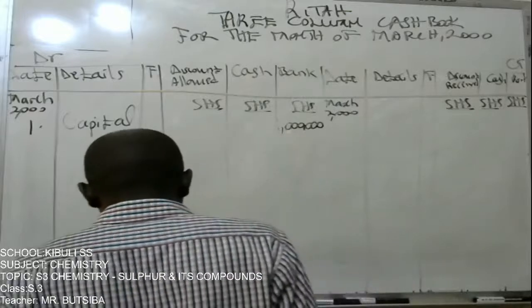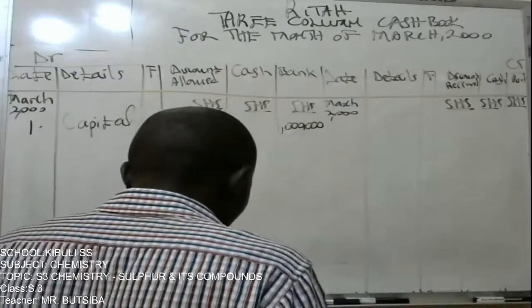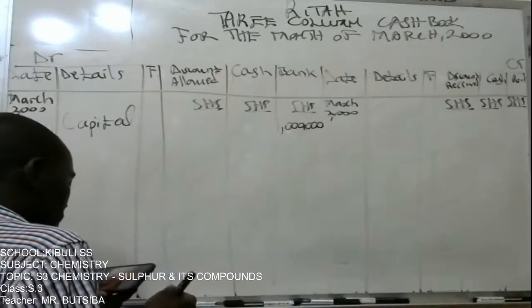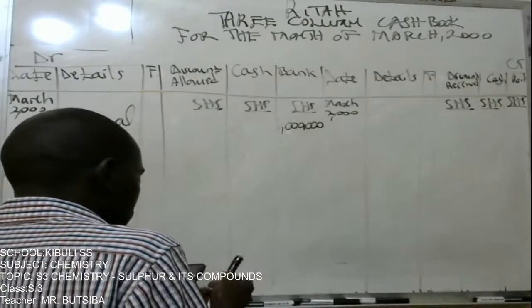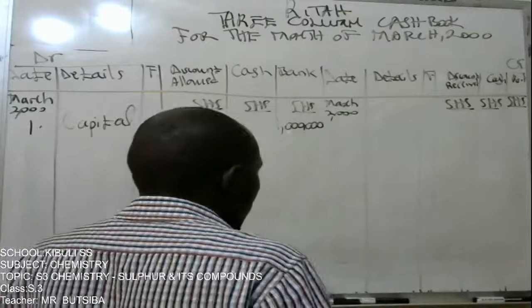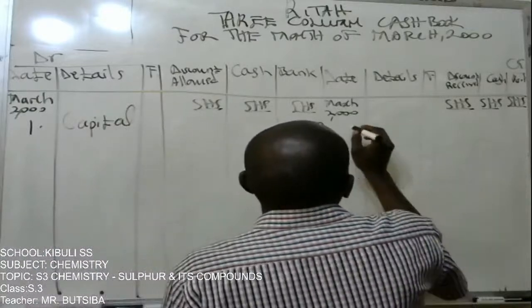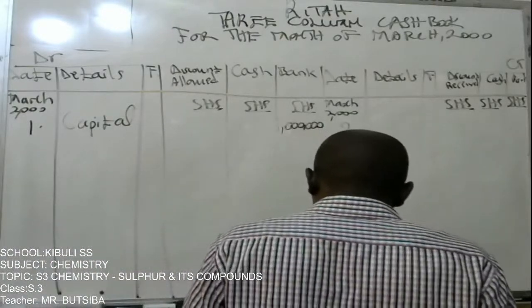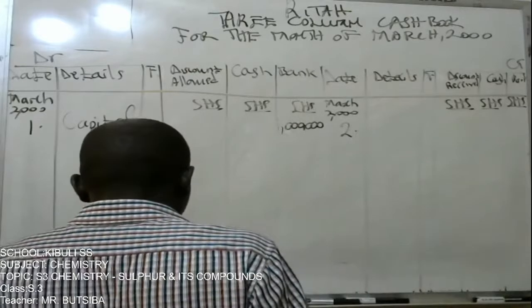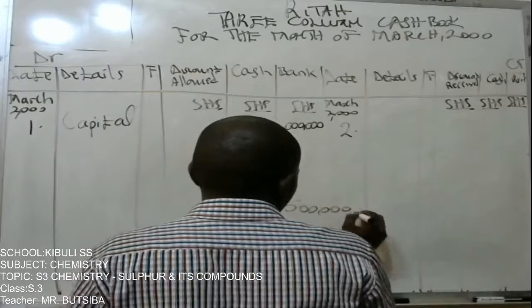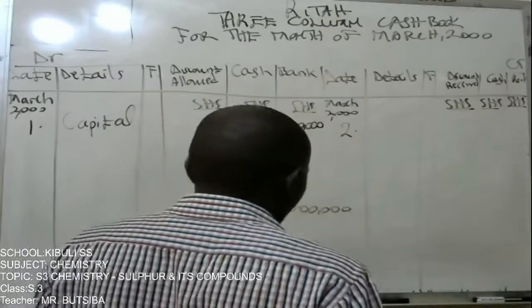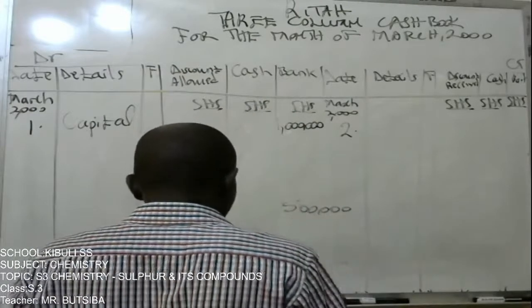On second, bought goods worth 500,000 cash less 2.5% discount. You bought goods on second, that means you are losing money. They go down there buying goods and they say the total is 500,000.